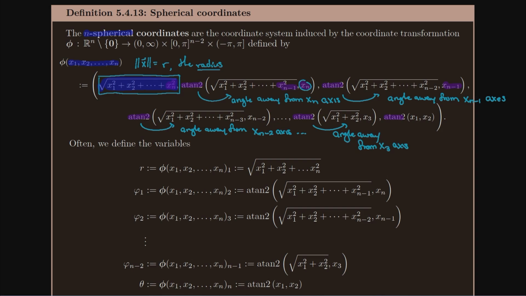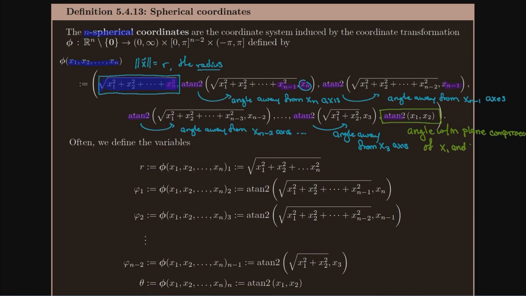And then you'll notice that when we get to this very last term, you only have 2 axes left, the x2 and the x1 axis, and so this is actually the angle within the plane comprised of x1 and x2. So that's the angle within the plane comprised of 2 of them. You have this large collection of angles away, and then your very last angle is the angle within. There's one special angle at the end, and we'll see this in the way we label these. So there's a lot of angles away, but there's one angle within an actual plane, as well as the radius up front.